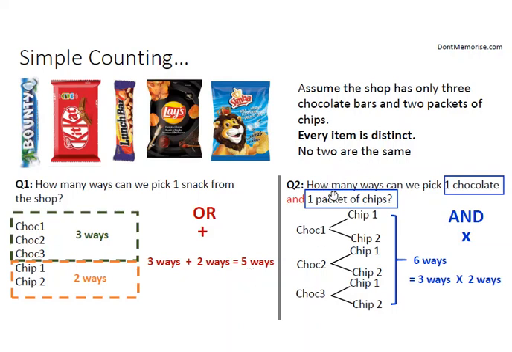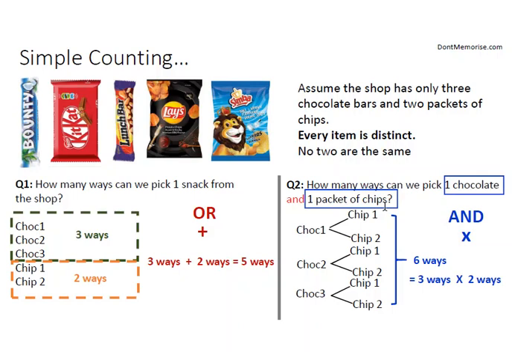And question 2. How many ways can we pick one chocolate and one packet of chips? Here in question 1, you have to pick one of them, not both. But here, look at how many ways can we pick one chocolate and one packet of chips.